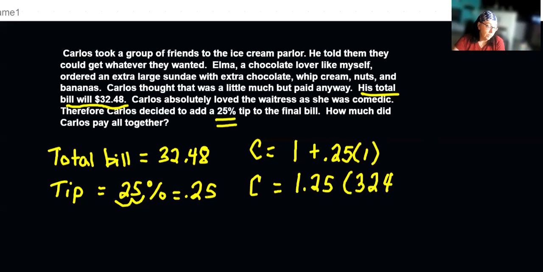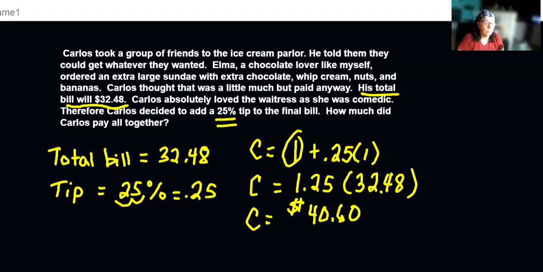So if you take the whole amount plus 25%, that gives you 1.25. Multiply that by your bill, and you will get $40.60. So anytime you're doing a bill and you're just going to take the full bill and you're going to add the tip to it, all you have to do is 1 point whatever percent tip you're going to leave.